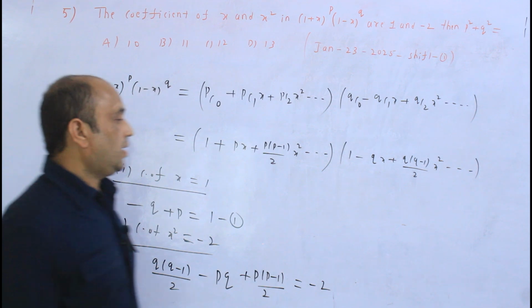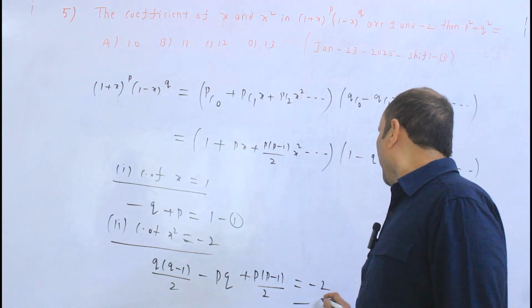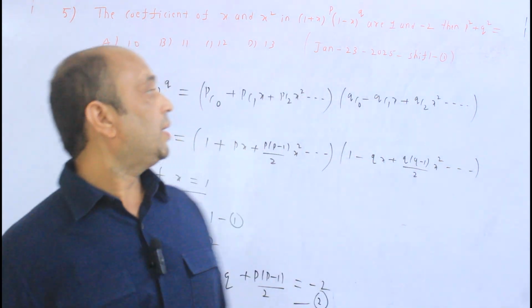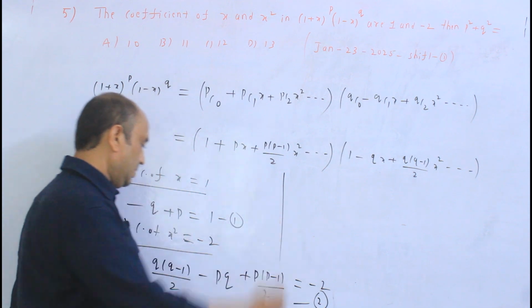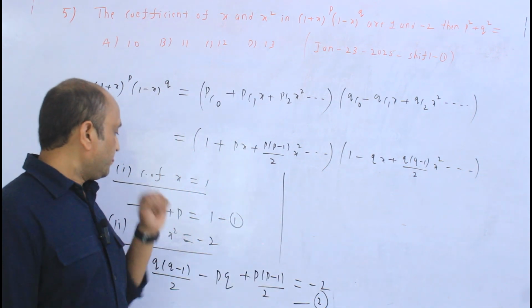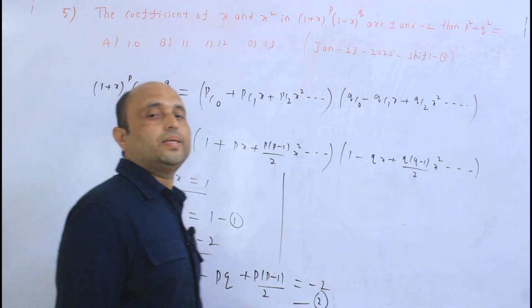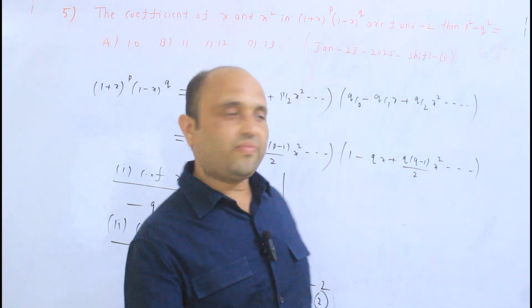Okay. So now convert these two equations, this is the second equation, into one variable, then solve the equation, then we get the answer. From the first equation, p is equal to 1 plus q. Convert the complete equation in terms of q.